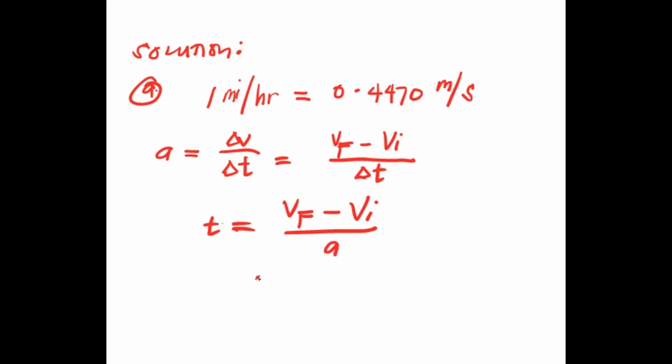Now let us solve for the time of the Beetle. The initial velocity is automatically 0, because according to the problem, it starts from 0.